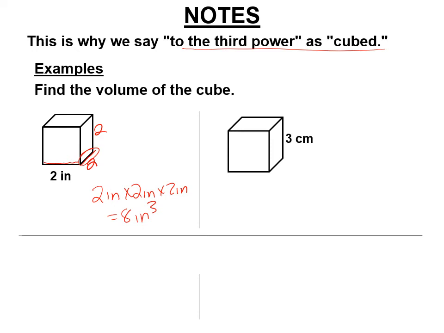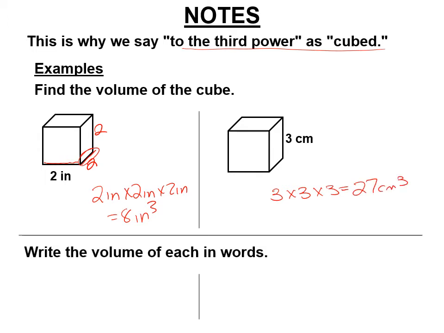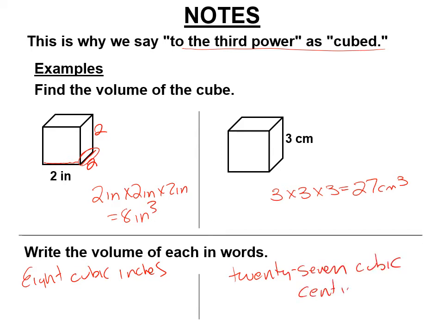This one is 3 centimeters times 3 centimeters times 3 centimeters, 9 times 3 is 27 cubic centimeters. So this is 8 cubic inches, and this one over here was 27 cubic centimeters.